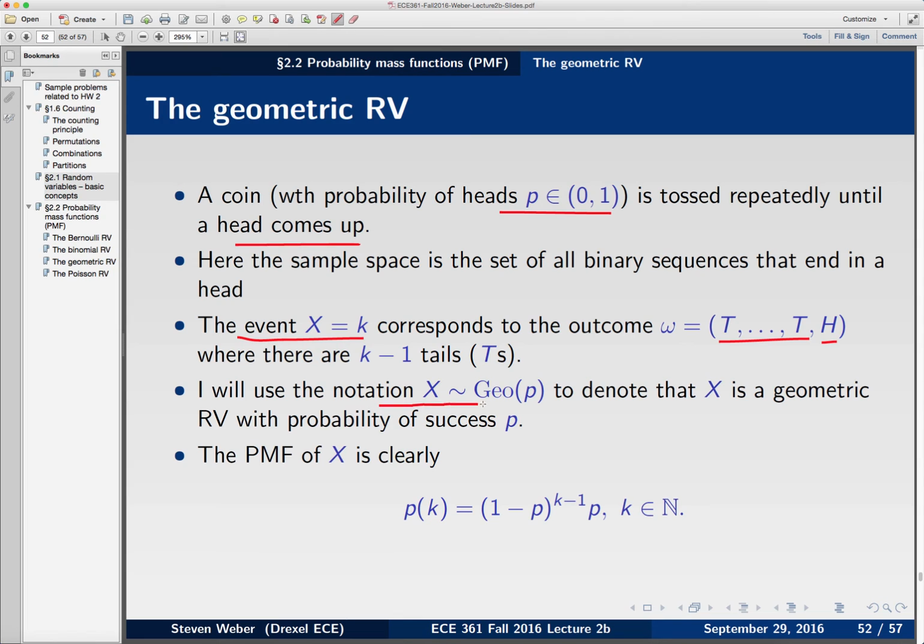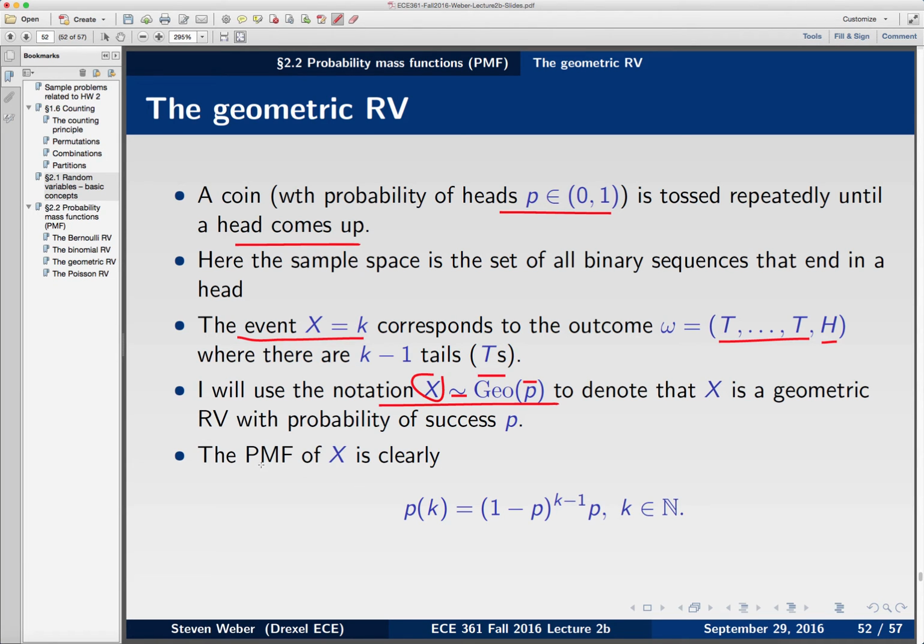I'll use the notation X ~ Geo(p), to be read as the random variable X is distributed as a geometric random variable with parameter p. And p here is the probability of success on each of the Bernoulli trials.